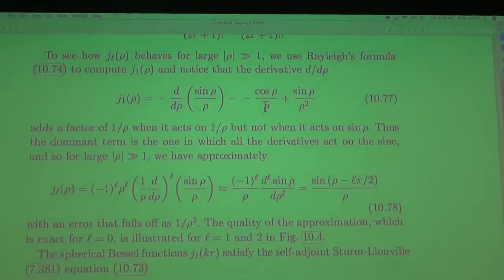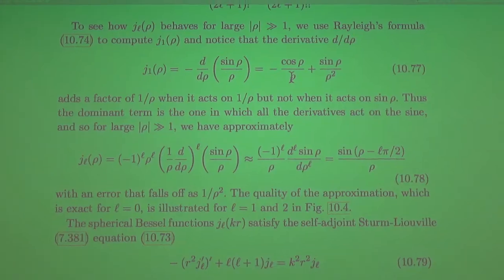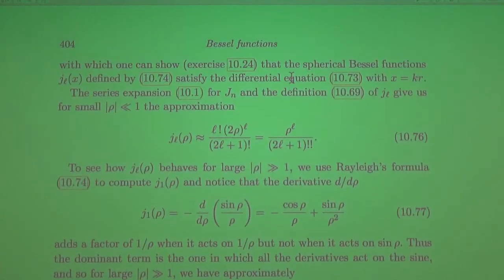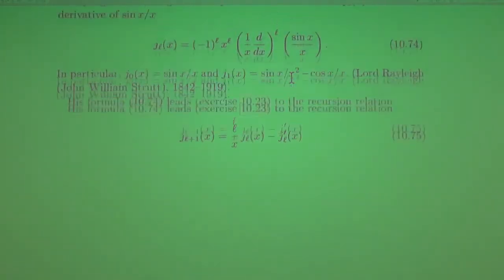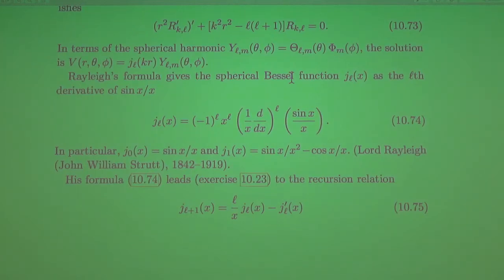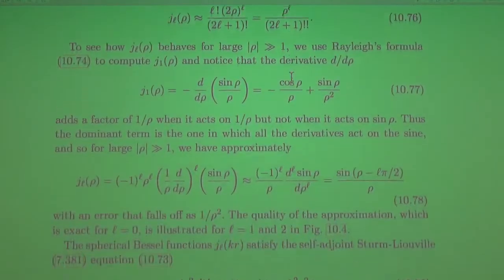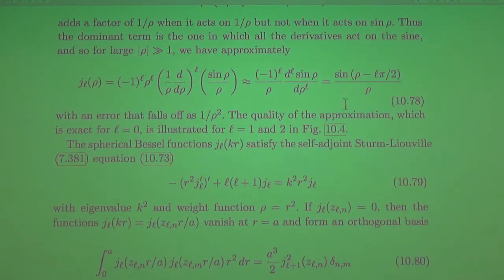Where is the expression? I don't find the equation that we're trying to find. Ah, there it is. It's 1078 instead of 1076. Anyway, we see then that for the spherical Bessel function at large ρ, you let the d/dρ act on sin ρ exclusively, and that gives you sin(ρ - πL/2).